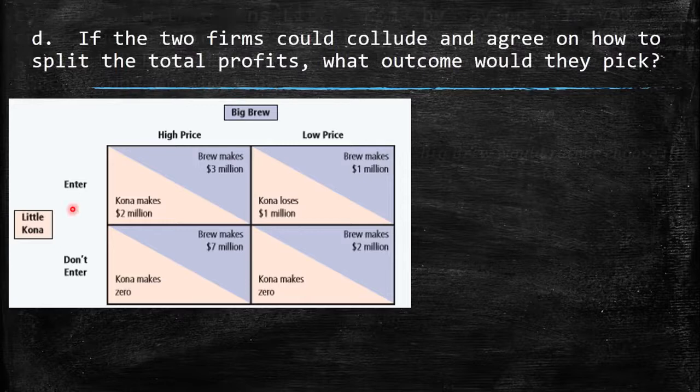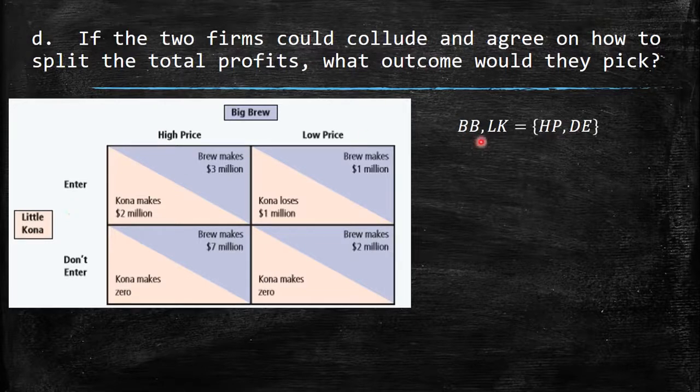Okay, then if the two firms could collude and agree on how to split the total profit, what outcome should they pick? If they can collude, they can say, okay, we are going to select high price for Big Brew and, definitely better here, don't enter for Little Kona. So this should be the collusion.